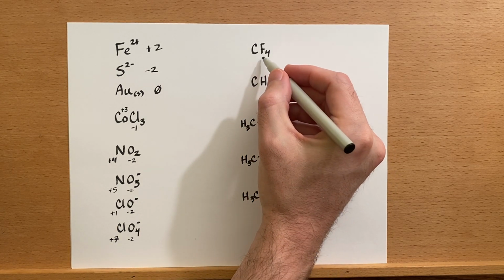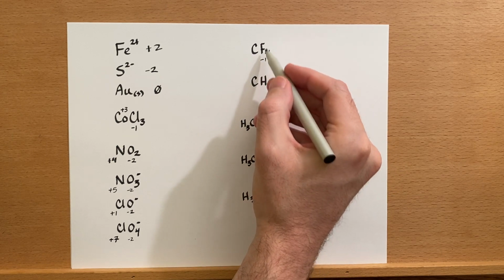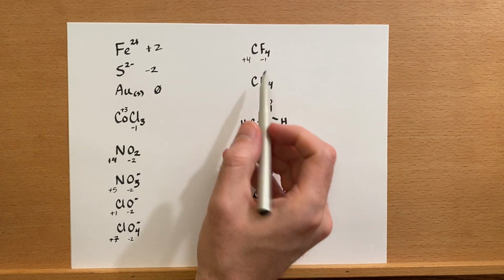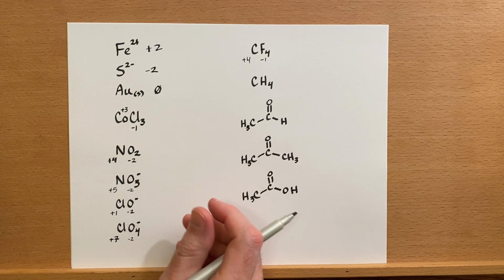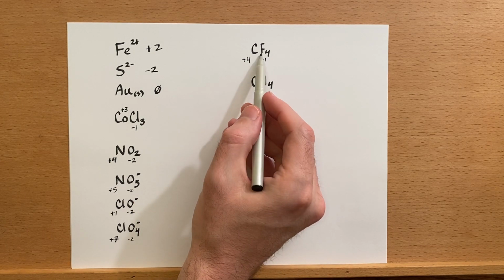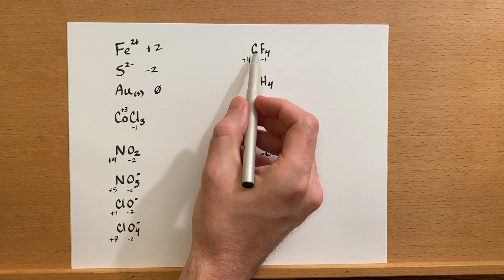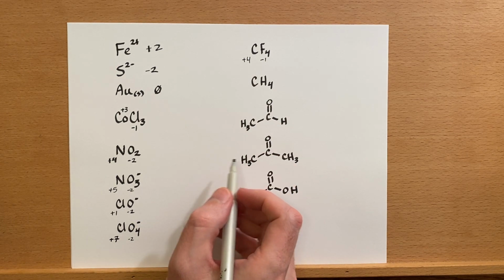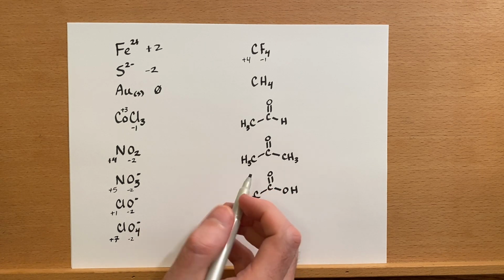In this case, we have fluorine, which is going to be -1, and there's 4 of them, so this must be +4. Now that's a really oxidized carbon, and it is true that carbon's going to be devoid of some electron density because the fluorines are going to be pulling the electrons away from the carbon, so it will be positive, but I'm not so sure that it will be a full +4 in reality. And it probably won't act quite like it's +4.